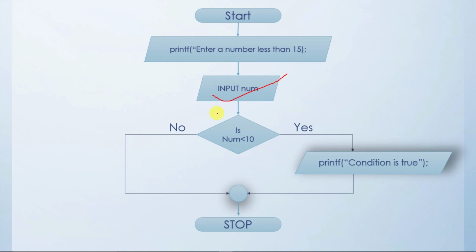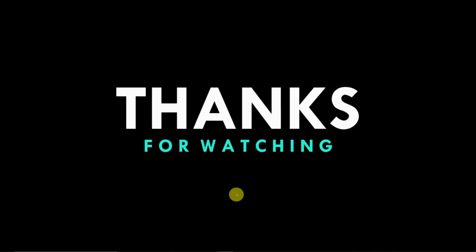After this, we check the condition: num is less than 15, or whatever you have set in the condition. If yes, then it prints this message and then stops, and if no, then it goes this way and stops, and doesn't print anything on your output screen. I hope all of you understand this method and the if statement in C.